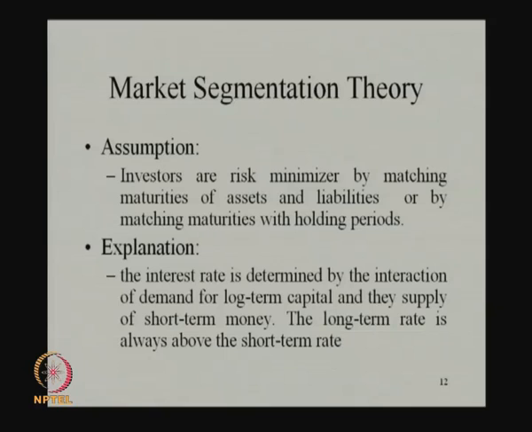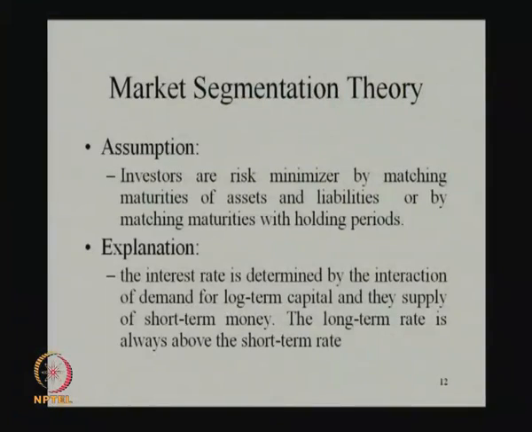Therefore, in this theory, how is the interest rate determined? The interest rate is determined by the interaction of demand for long term capital and the supply of short term money. The long term rate is always above the short term rate. According to the market segmentation theory, we always expect that long term interest rates are riskier than short term interest rates.